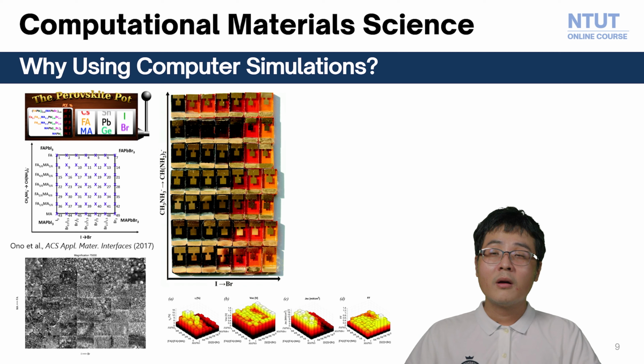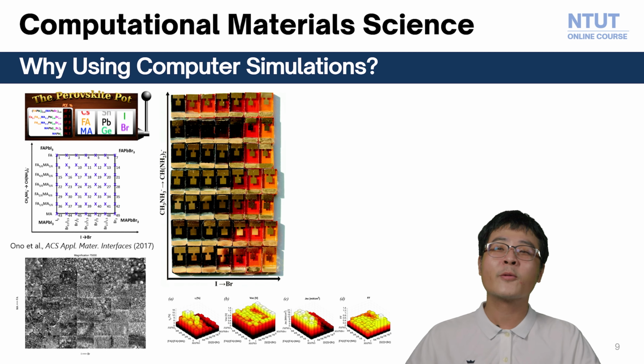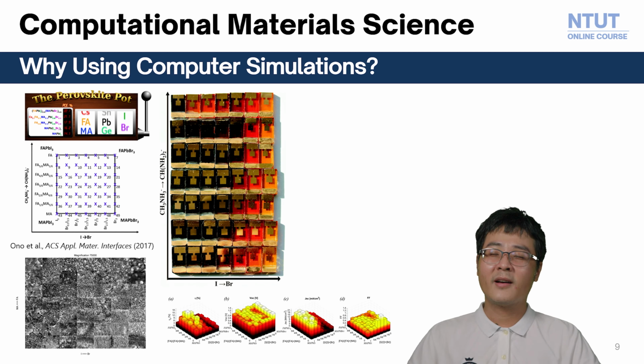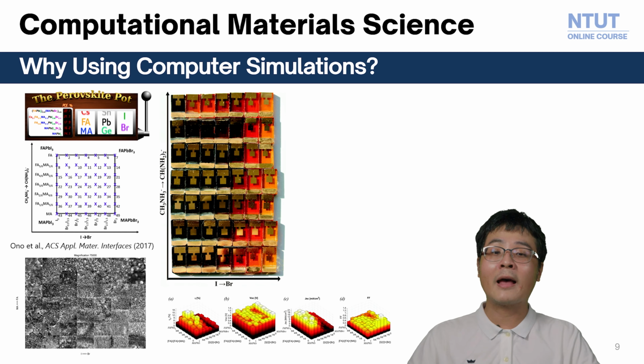So, why do we have to do a simulation? Why do we have to use a computer to help us do material science research? So here is an example. In this research, the scientists tried to synthesize a bunch of perovskite materials used in solar cell devices as absorption materials.